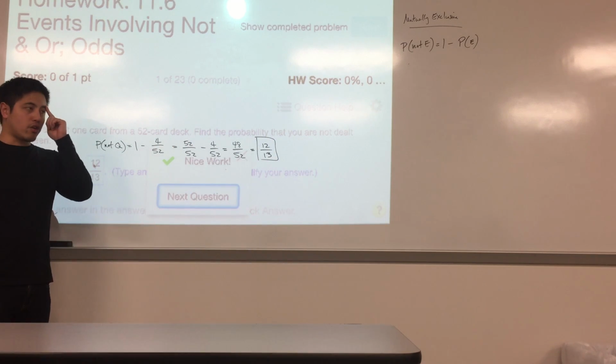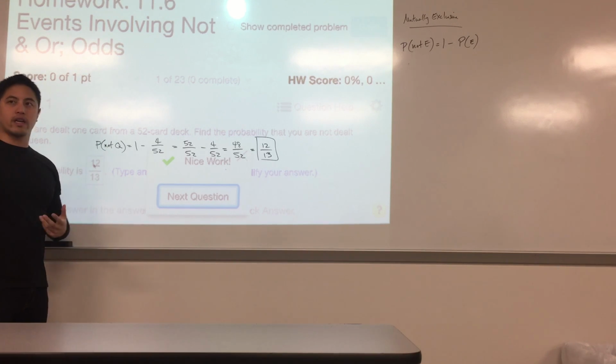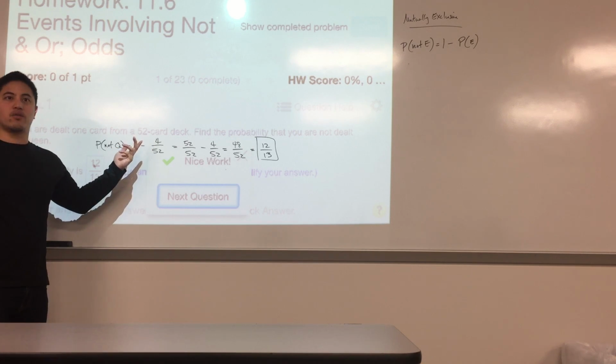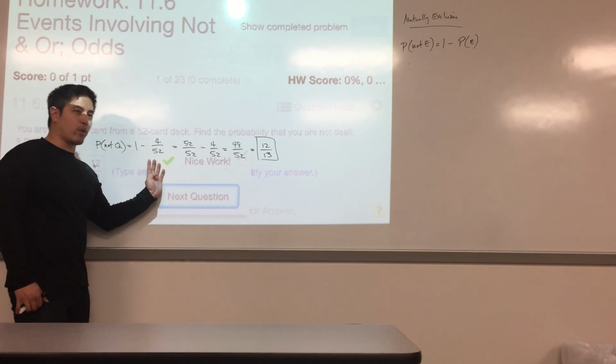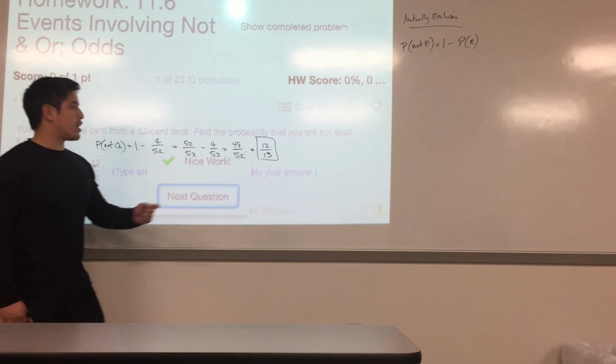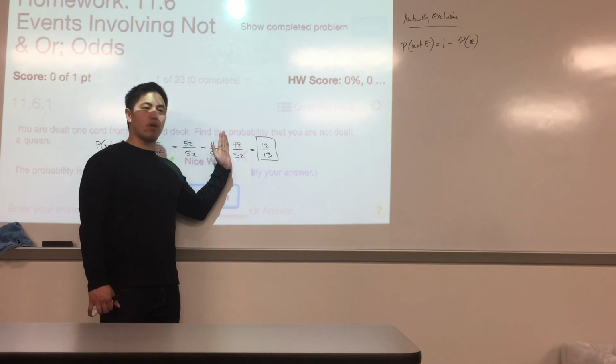Well, if you think in your head, you know right away that there are 4 queens in the deck, so just subtract that out of 52 cards. If you don't want a queen, you want the other 48 out of 52 cards, you could start right there. Does that make sense, guys?